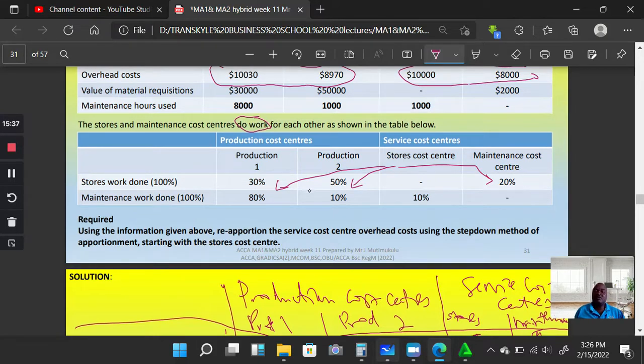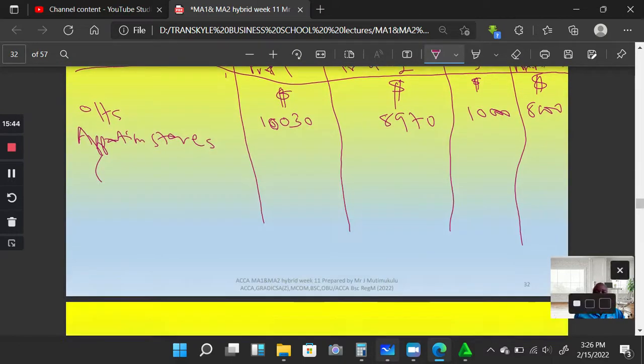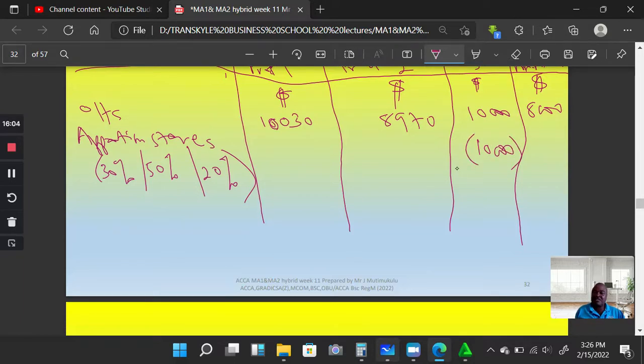So we are going to apportion based on the 30, 50, and 20. But remember, we are going to apportion the 10,000 first. So we're going to deduct 10,000, and which means we're going to be left with 0.